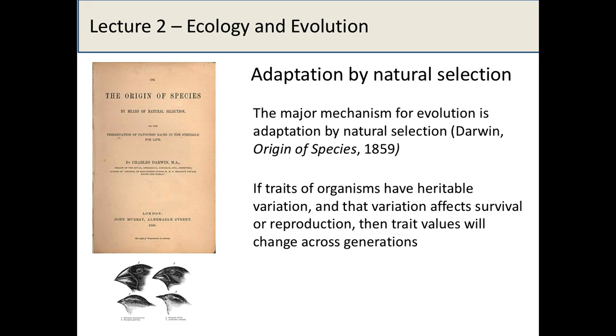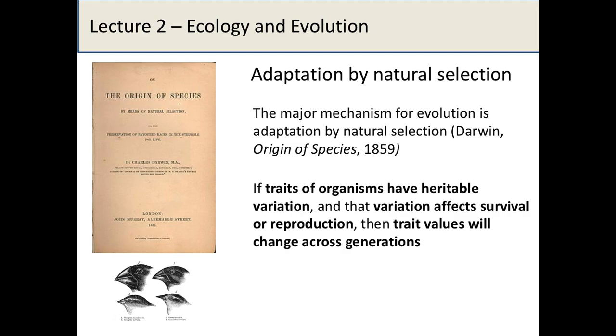If we were to summarize the main conclusions from the earliest work on natural selection, it is this piece of text: if traits of organisms have heritable variation, and that variation affects survival or reproduction, then trait values will change across generations. There are three key statements within that.